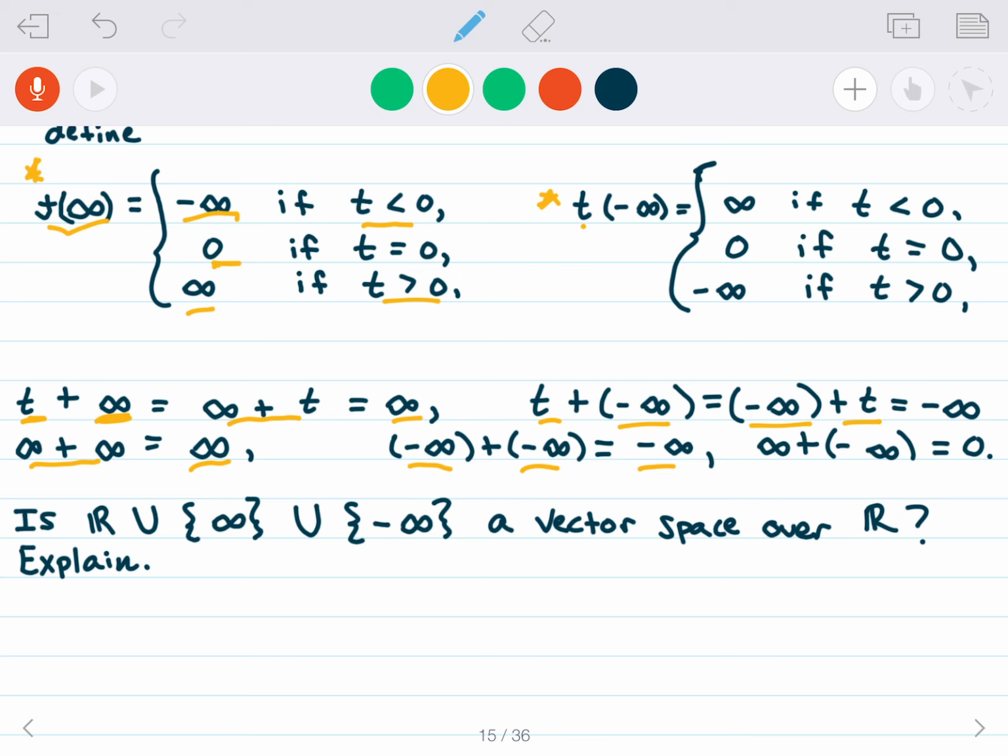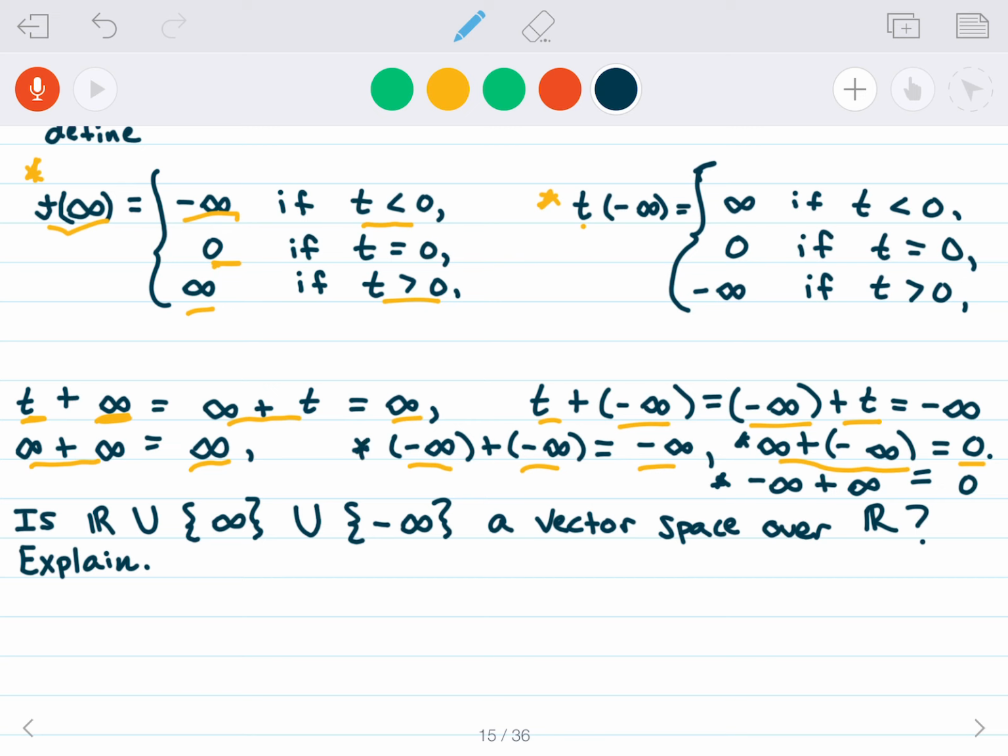And then infinity plus negative infinity equals 0. And I think he also wanted to put negative infinity plus infinity, also equals 0. I think he did want to put that in the book. It might be an error, but yeah, so this is how we're defining the addition and the multiplication.